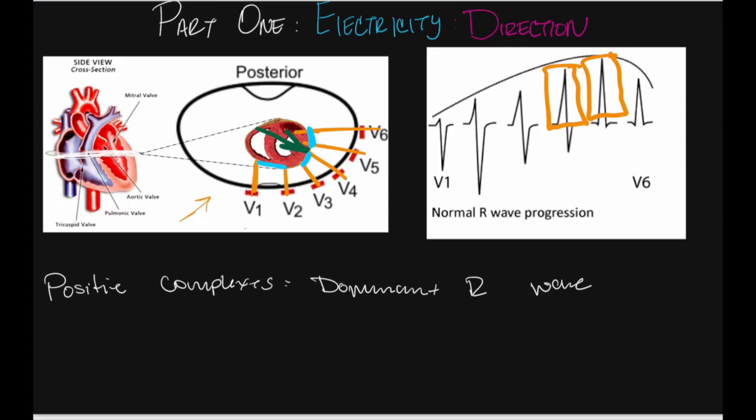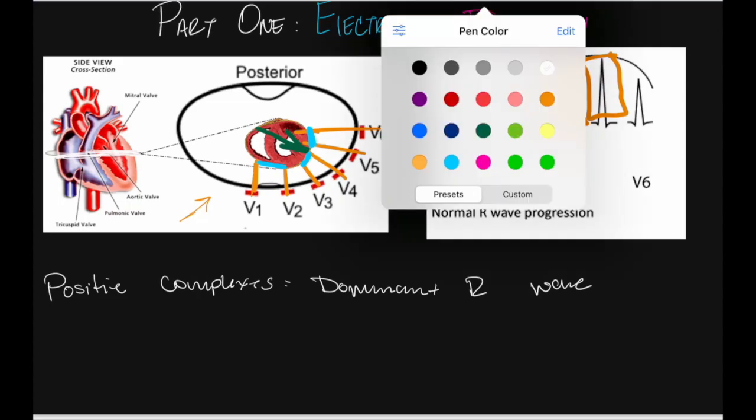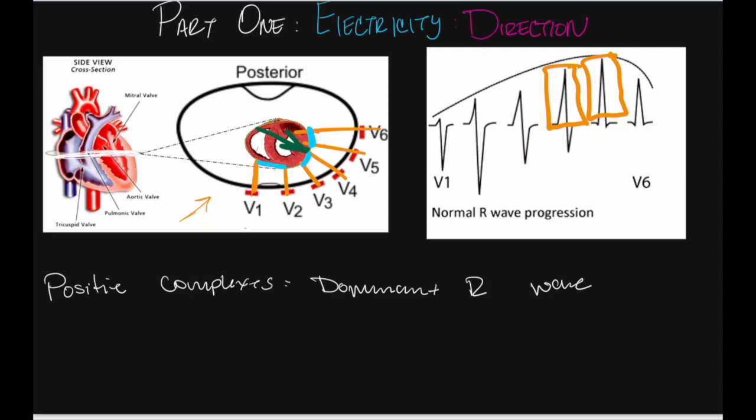Right? So let's look at V1. That electrical activity is kind of not opposite, but definitely the furthest away from V5, V6, so we get a dominant S wave. And that S wave, on average, decreases in magnitude until it disappears in that V5, V6 range. And the same is true for that R wave. Since V1 is the furthest away from the left ventricle you can get, it has a tiny R wave.